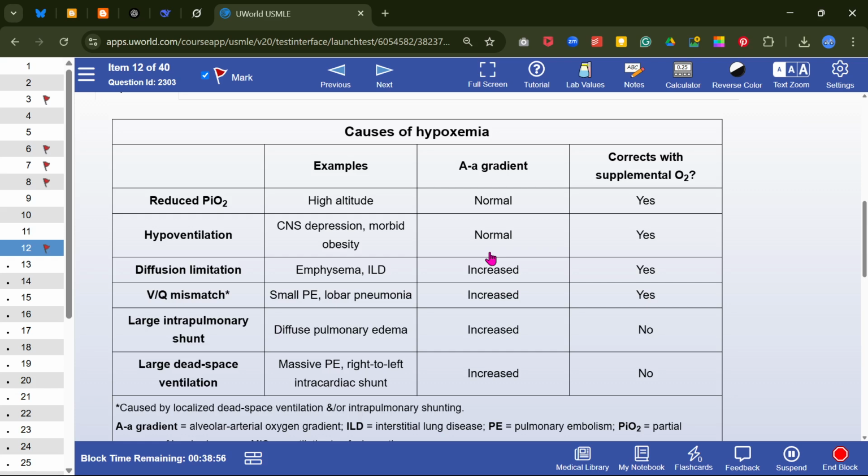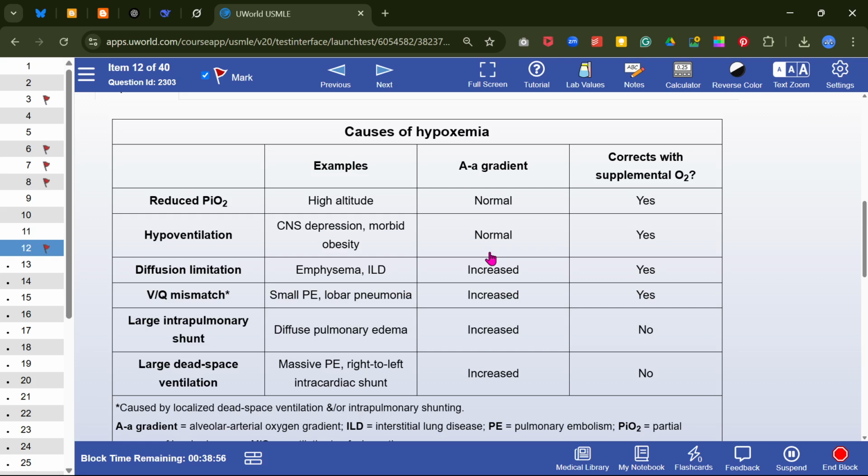But in diffusion limitation, which is emphysema and ILD, AA gradient is increased, and it does not correct with supplemental oxygen.